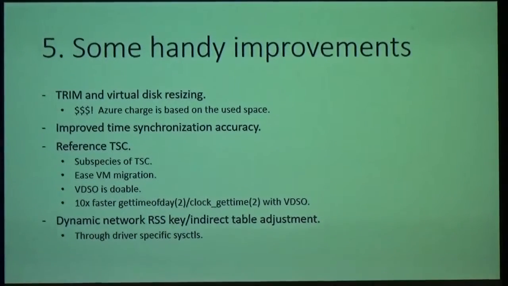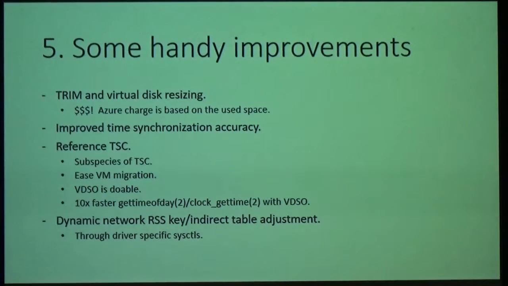And the next improvement is the timer synchronization. It's kind of like the NTP service, but we have improved its accuracy to take into account the round trip time. For example, the round trip time starts from the Hyper-V to the FreeBSD VM. Next is the reference TSC. It's a very cheap RDTSC. This kind of RDTSC will not cause any VM exit.